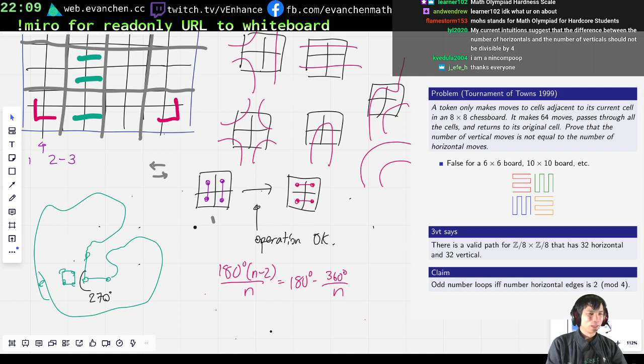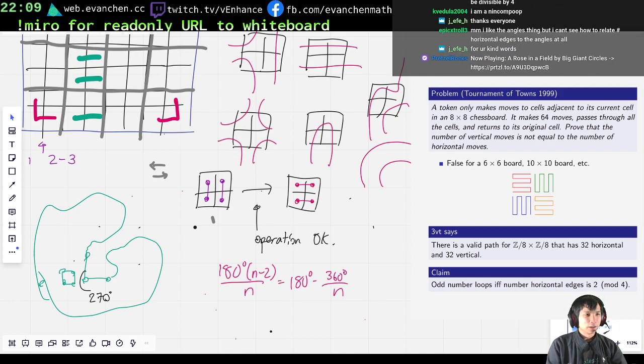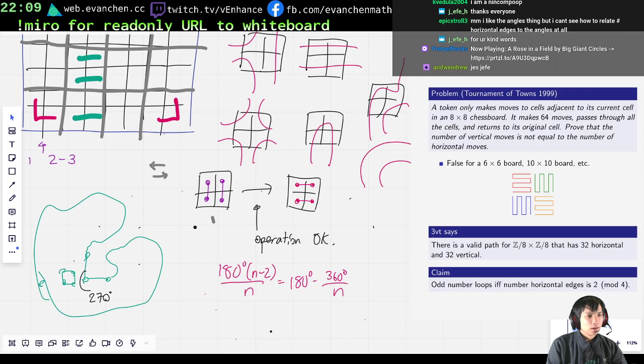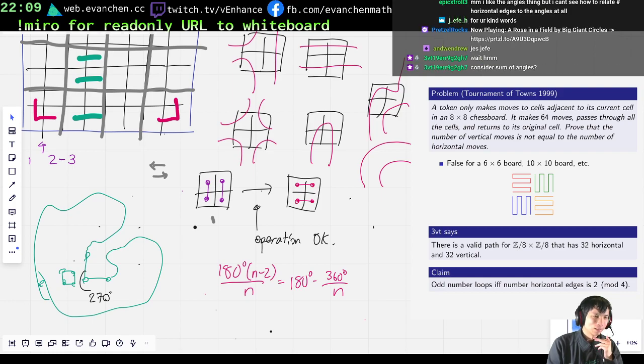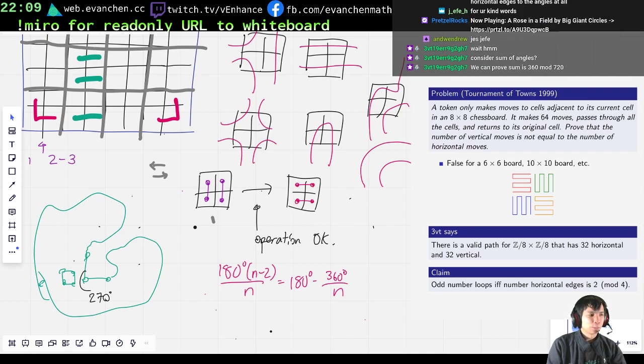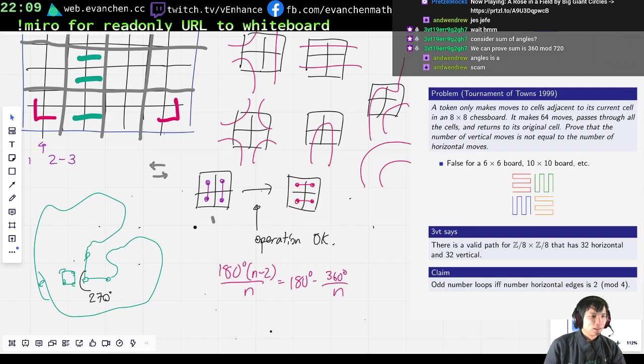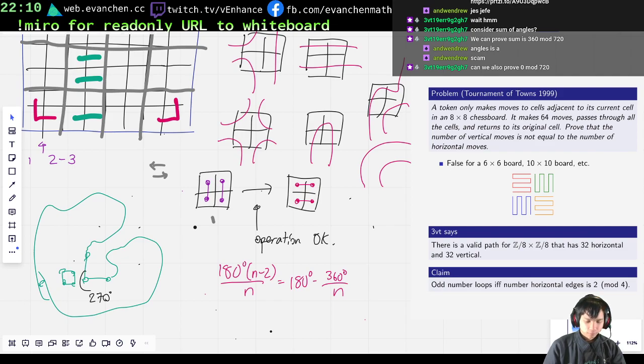I think we all think by now that it's definitely completely like mod. I want to try to use the angles to decide where to make perturbations. But I keep running into this problem where after there's more than one cycle, maybe the cycles are just nested in each other. We can prove the sum of the angles is 360 mod 720. Can we also prove 0 mod 720?